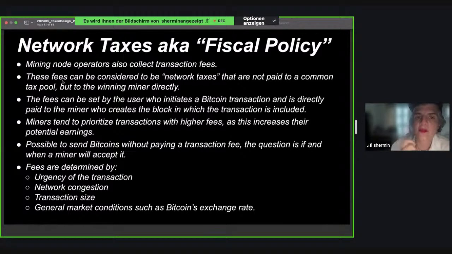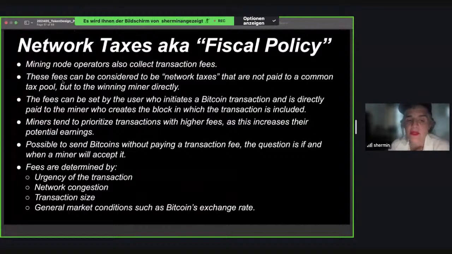So it is not paid into a common tax pool, but it can be considered something like a distributed tax. The fees can be set by the user who initiates the Bitcoin transaction, and as I said, it's directly paid to the miner. Miners tend to prioritize transactions with higher fees because this increases their potential earnings.